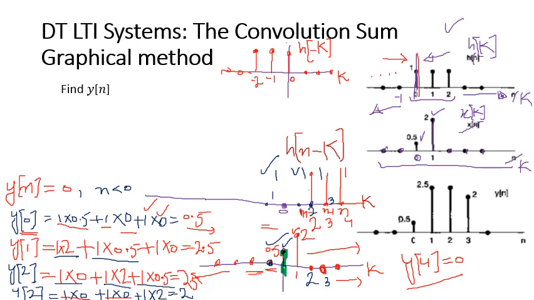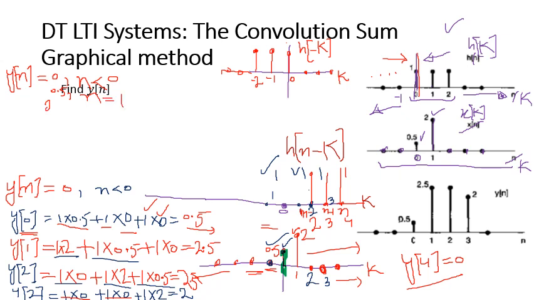So I can write the generalized expression for y of n, and I can say that y of n equals 0 when n is less than 0, and it is equal to 0.5 when n is equal to 1.